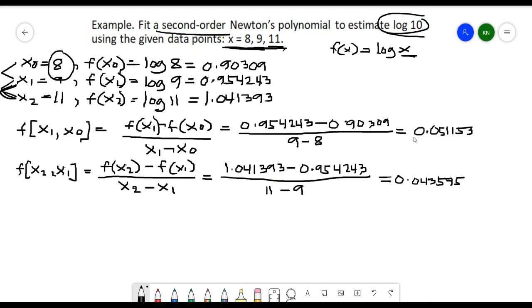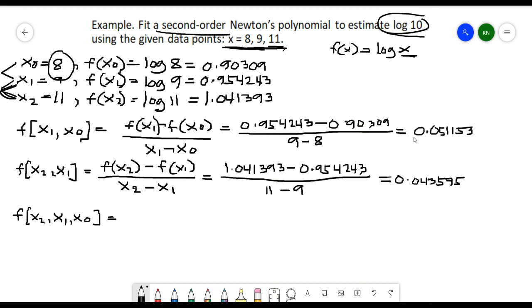So that is for the first divided differences. Now, we also need to find the second divided difference. For the second divided difference, we have f of x sub 2, x sub 1, and x sub 0.